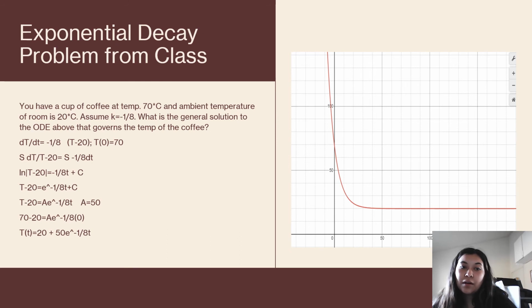We have the differential equation, the derivative would involve 1/8, the time, and the temperature at 0 would be 70 degrees. We plugged it into the equation, and once we solved, we got the final equation, and then I plugged it into the graphing calculator and got that graph. You can see that the temperature is decreasing.